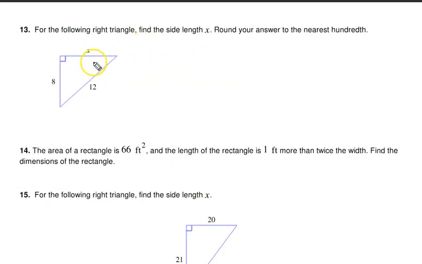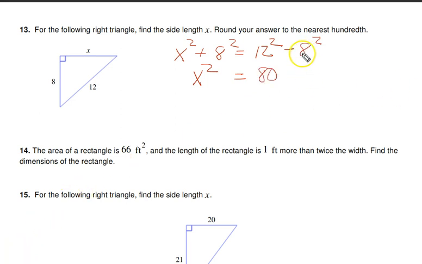Now we had a rather challenging Pythagorean theorem. This one's a little easier. Here it's going to be x squared plus 8 squared equals 12 squared. So here we get x squared, and I'm going to subtract this term from this side and subtract it from this side, and I'll just put that in my calculator and see what I get here.